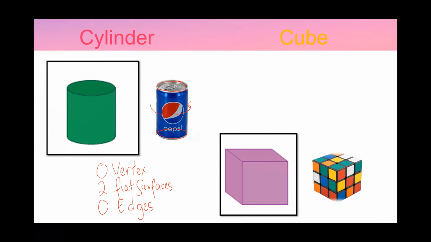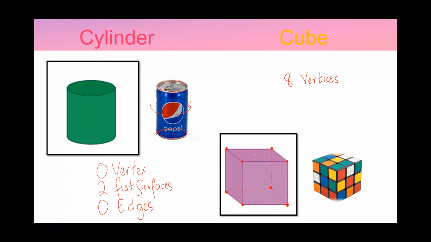Now let's count. 1, 2, 3, 4. Now this is the back, as we cannot see it here, so I will draw it for you here. So 4, 5, 6, 7, 8. A cube has 8 vertices. How many flat surfaces? Let me change the color here.